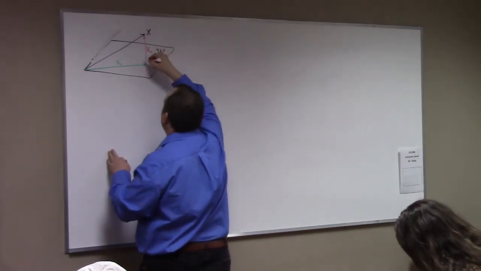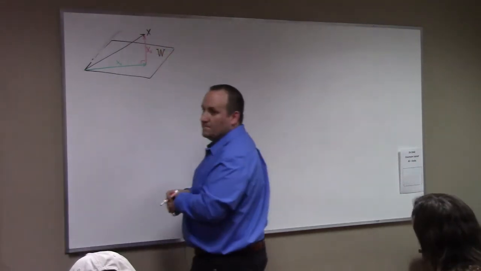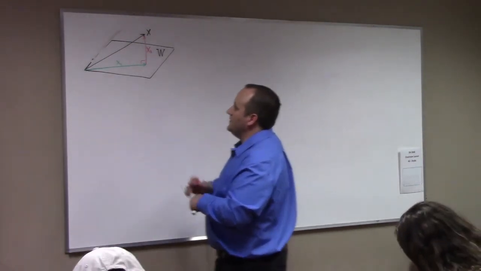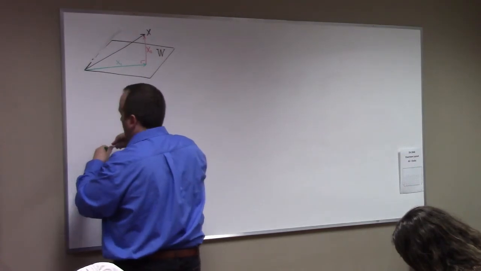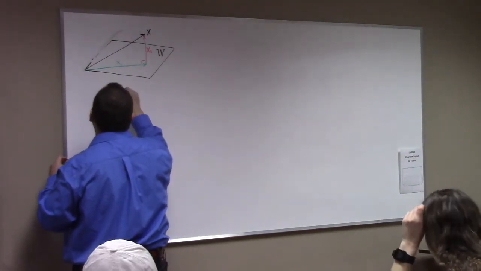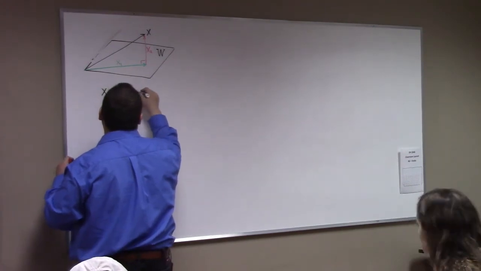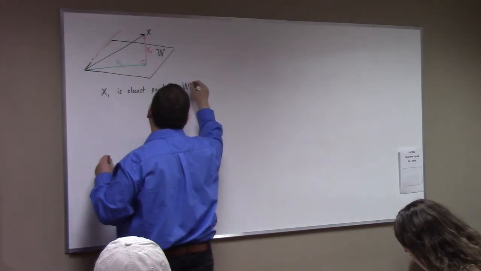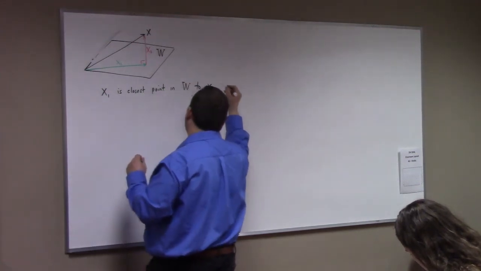This is a right angle. These are perpendicular, right? In particular, you can notice that geometrically, x1 is the closest point in W to x.